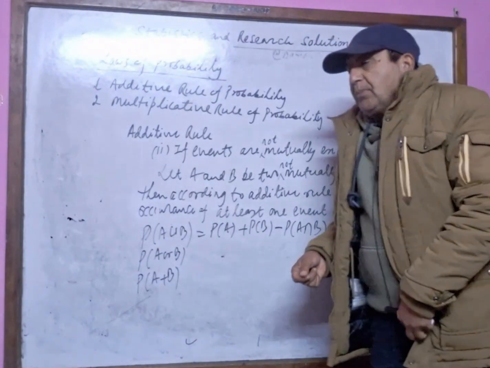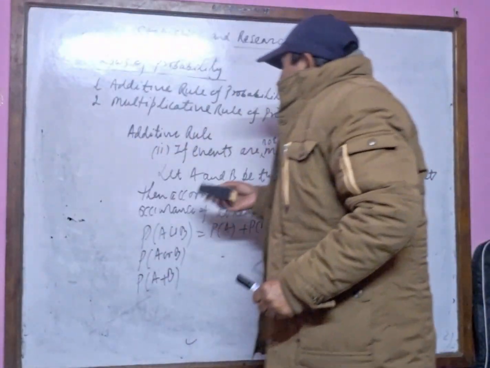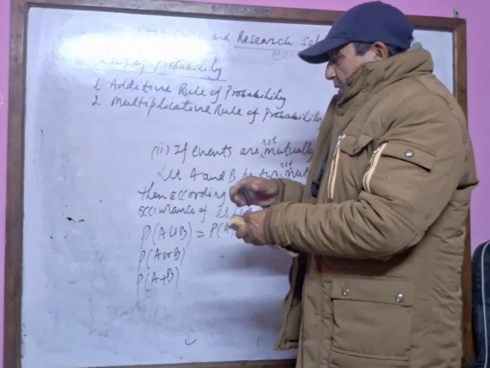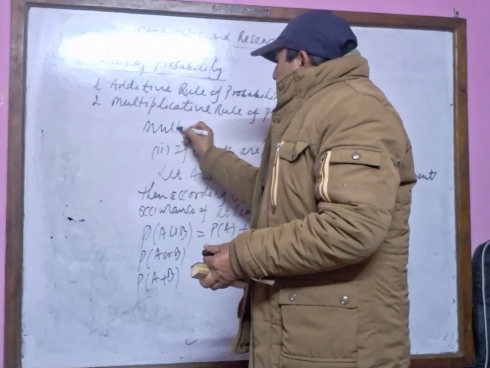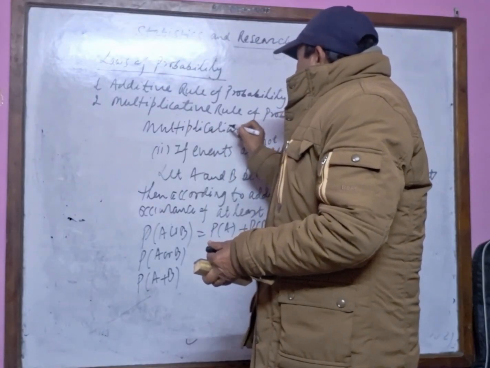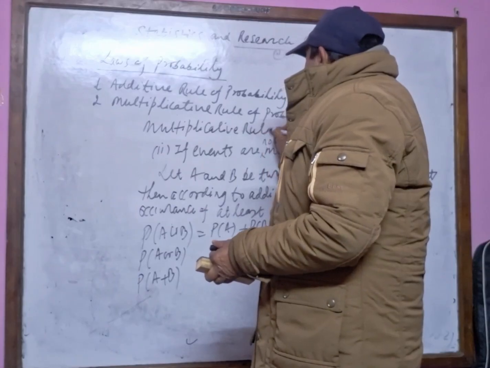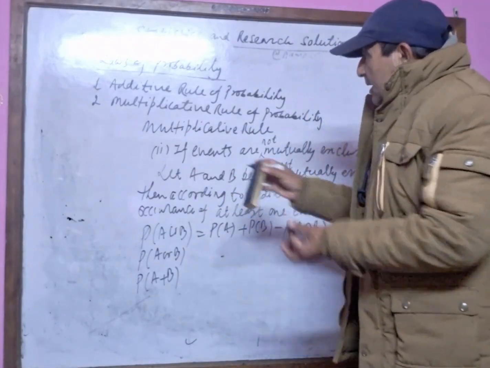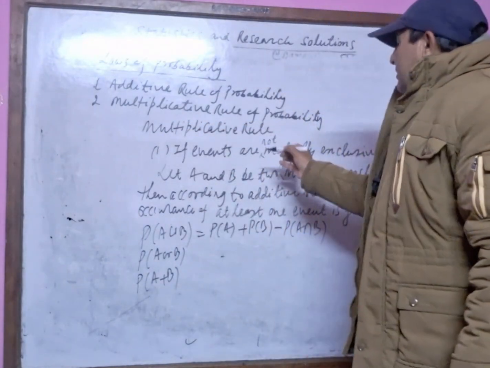We discussed the multiplicative rule. The second one I am going to write is the multiplicative rule of probability. Here also there are two conditions.